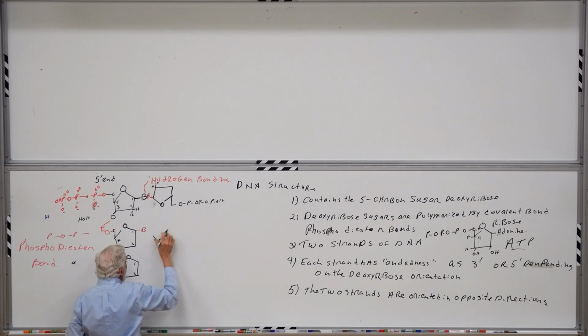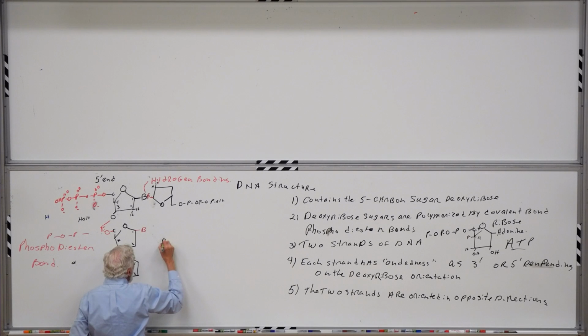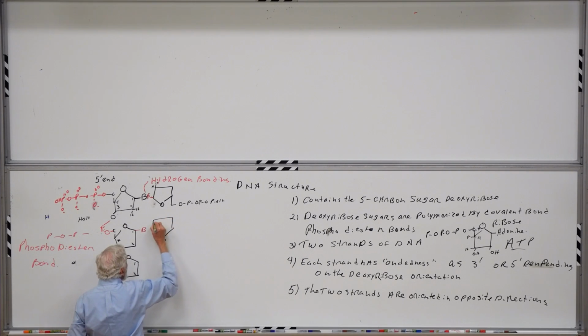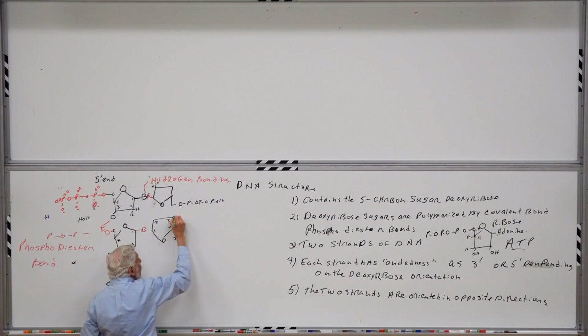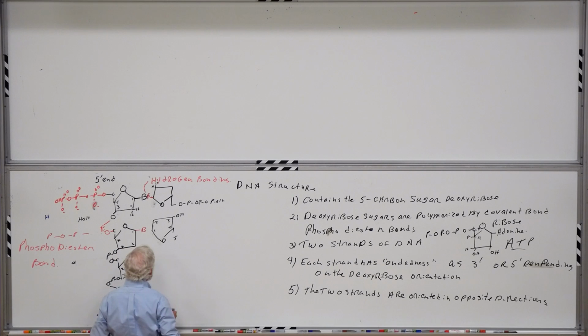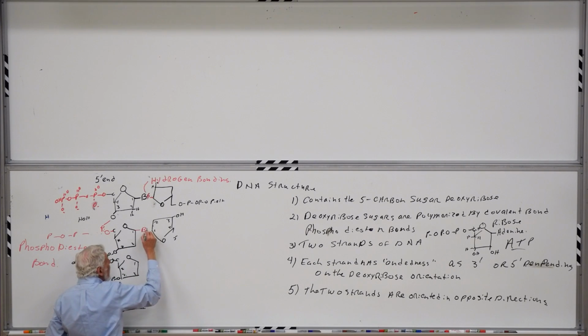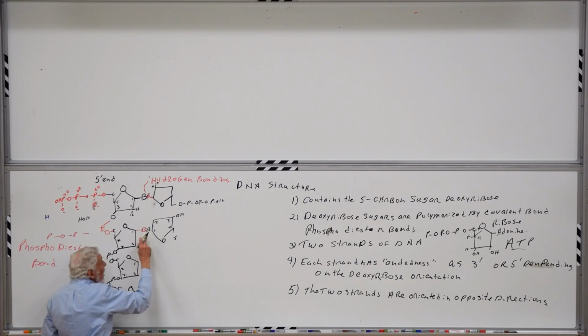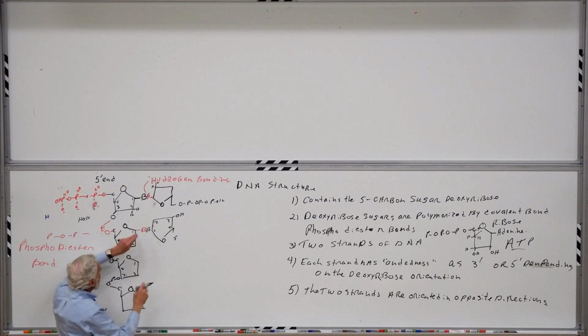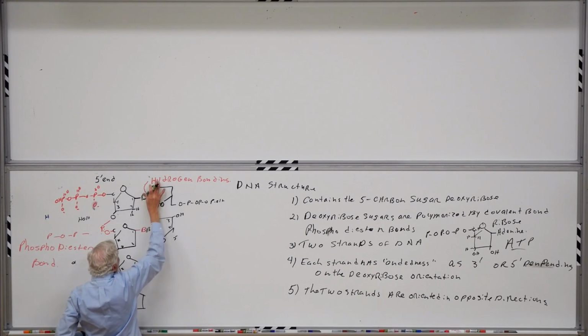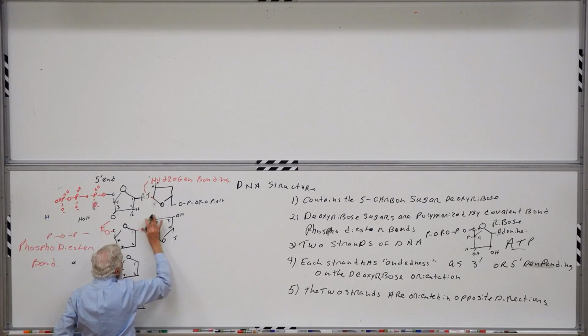Let me bring it a little higher, farther away. 1, 2, 3, 4, and 5. This number 3 carbon has an OH on it. The number 1 carbon again has a base. This base will hydrogen bond to this base. We could put the proper names in here if you'd like. If this is an adenine, this has to be a thymine. If this is a cytosine, this has to be a guanine.